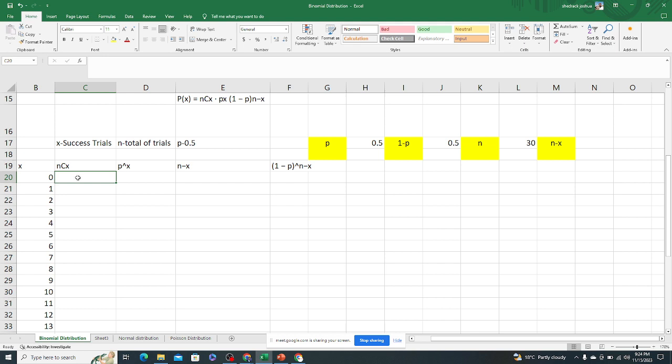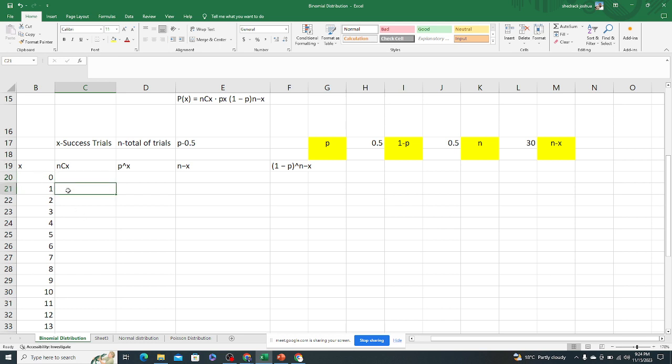So what is our x? We know n, it's 30, and these are our x values, or the number of successful trials. We might have 0 successful trials, meaning we won't have any successful trial.